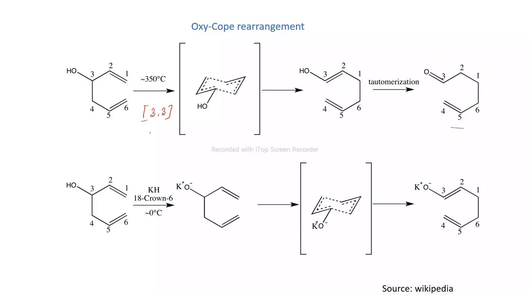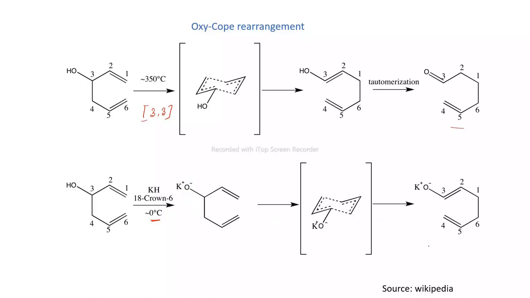But there is another thing: if we somehow generate the carbanion in this reaction using potassium hydride and 18-crown-6, then the reaction will be much faster and we can perform it at room temperature, even at low temperature like 0 degrees centigrade, and the reaction time will also be less, because this carbanion stabilizes the transition state.